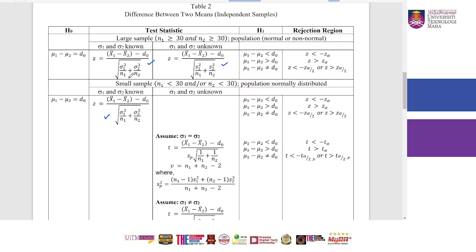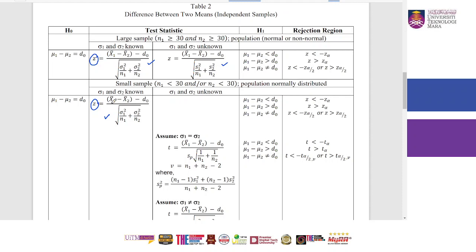Okay, for difference between two means, if you look through this one, for a large sample size and also for a small sample size, as long as the variance are known, then you can use the Z-test over here. Boleh gunakan Z-test, tak kira lah sama ada sample size besar ataupun kecil, provided that the population are normally distributed.